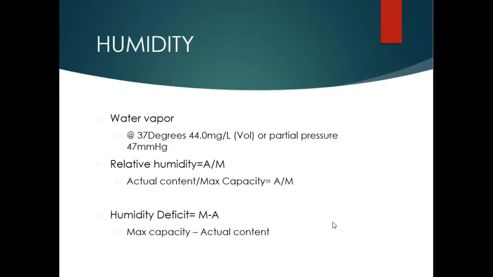Okay, humidity deficits happen whenever the actual content doesn't equal the max capacity. So you have not as much water as you possibly could have, which will dry out your mucous membranes, slow your mucociliary transport, and lead to problems with your patient's ventilation.